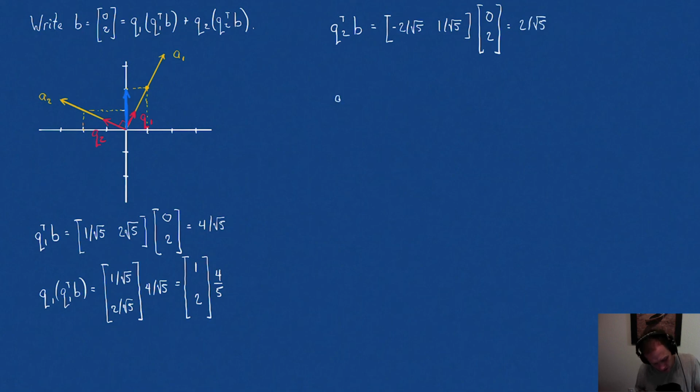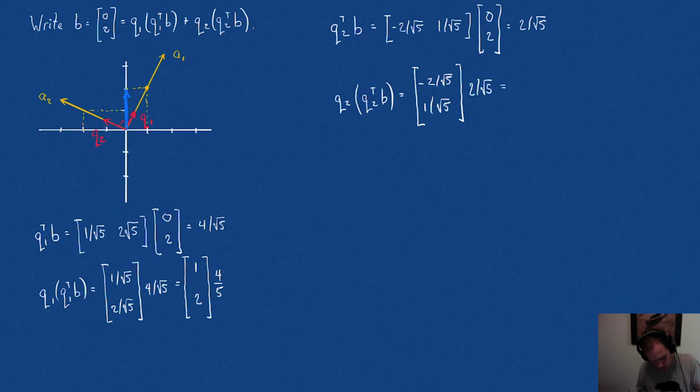So now I can write Q2 times Q2 transposed B, which is equal to minus 2, 1, divided by root 5, times 2 divided by root 5. I'm going to factor out a root 5. That's going to give me minus 2, 1, times the scalar of 2/5. Well, there we have it.